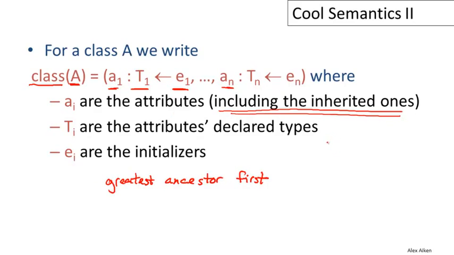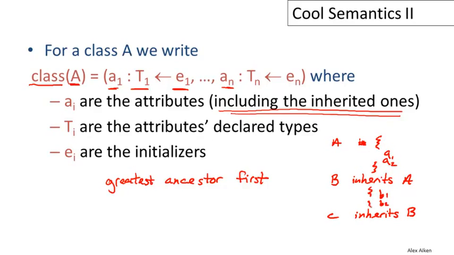Let's say that we have three classes, A, B, and C. And B inherits from A, and C inherits from B. Okay, and let's say that A defines two attributes, A1 and A2, and B defines two attributes, B1, B2, and C defines two attributes, C1 and C2.